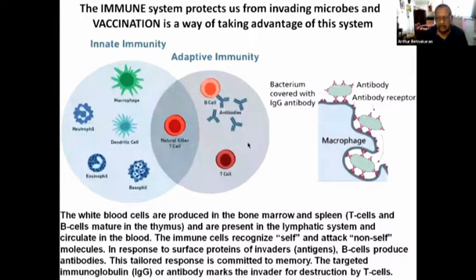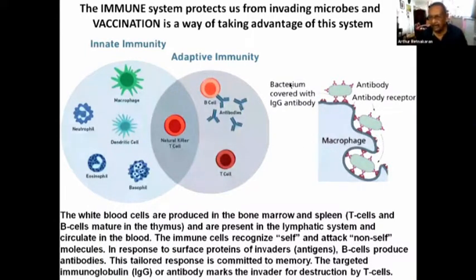Now, these immune cells, the B cells, are of great importance because they produce antibodies. What these antibodies do is they go and mark the foreign invading organism.